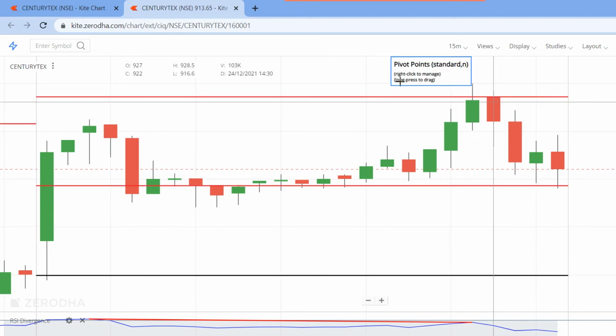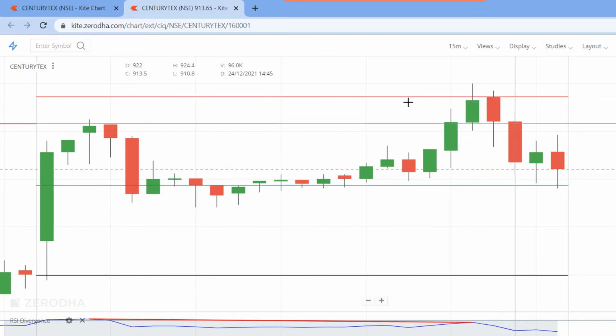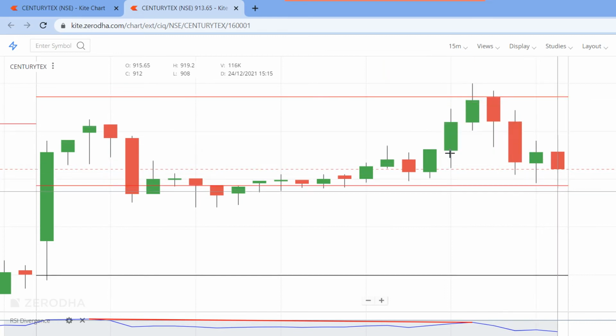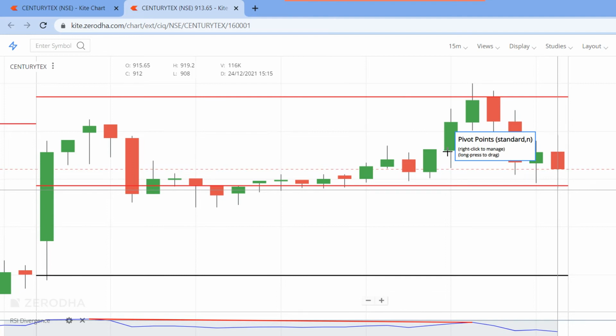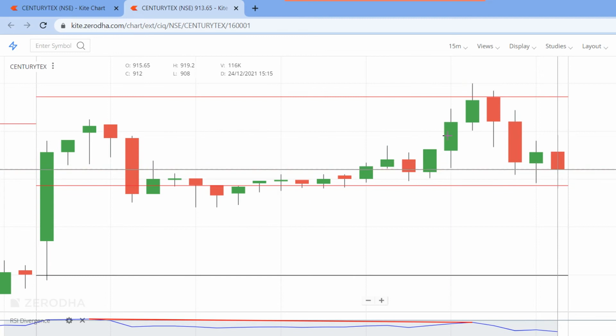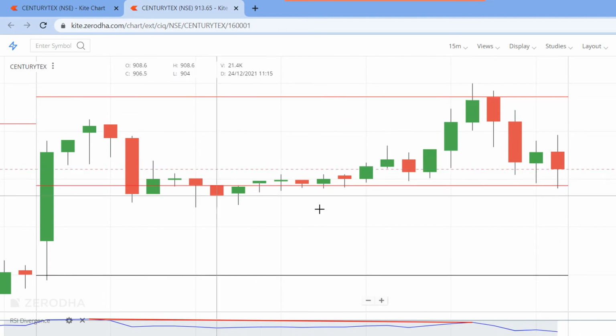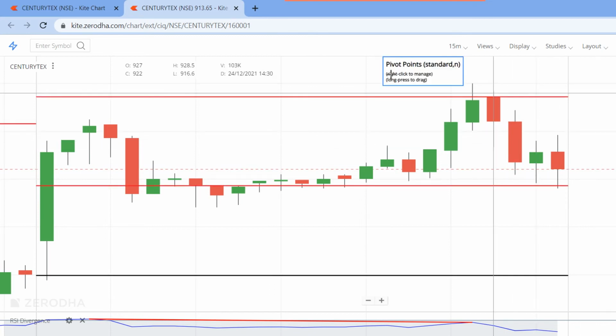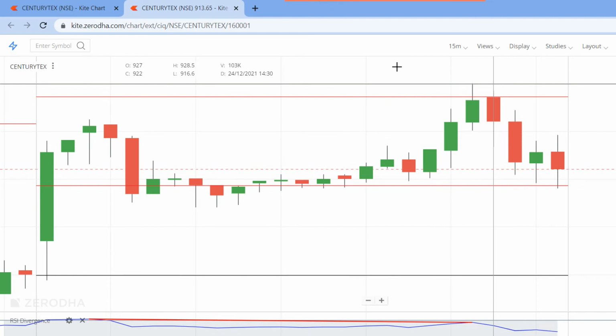As you can see, post this, Century started going down, and then it eventually made a low of 907, right? 908. If you look at it, it's almost 2% in an intraday trade. Generally for this kind of trades, you look for a 1:2 risk to reward ratio, right? Here the risk was very minimal. It was only 3 points.